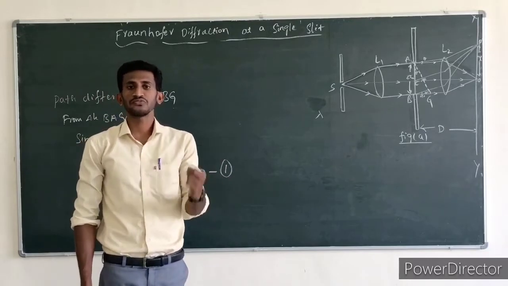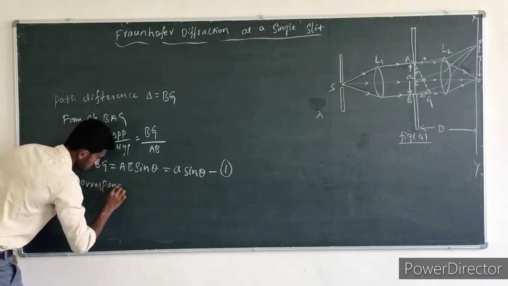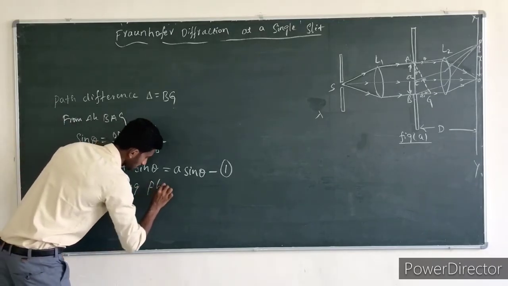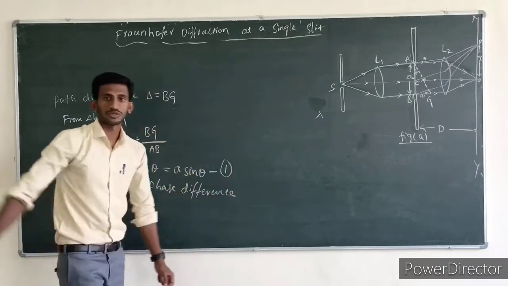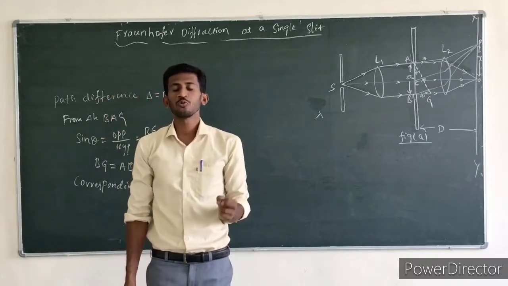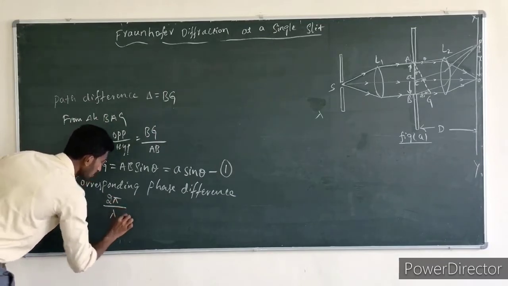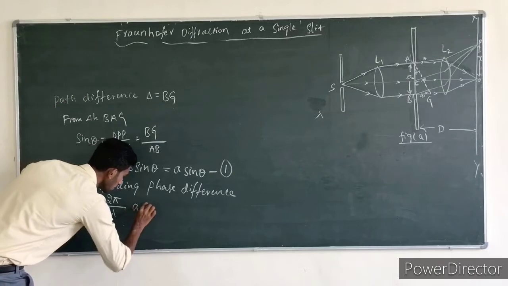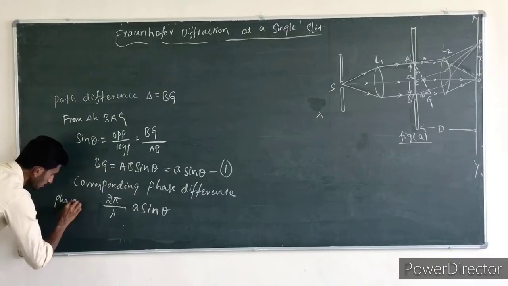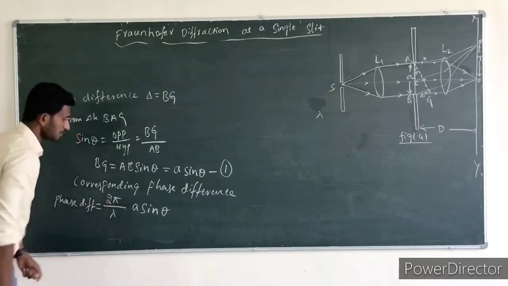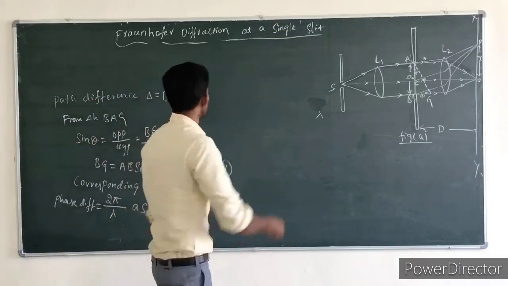Now the corresponding phase difference is given by 2 pi by lambda into a sin theta. So this is the phase difference. I will call this equation number 2. Clear? Till here?